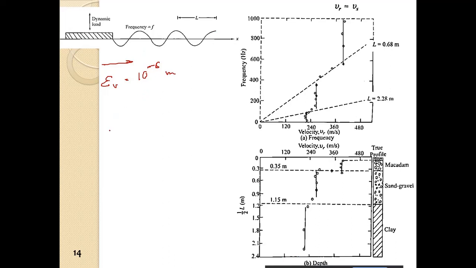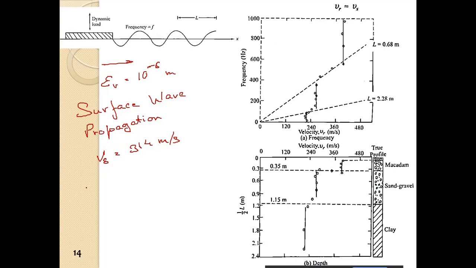So this surface wave propagation test was done, and it was found that the shear wave velocity is 314 meter per second.